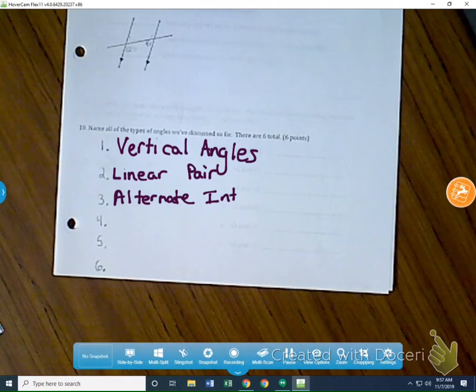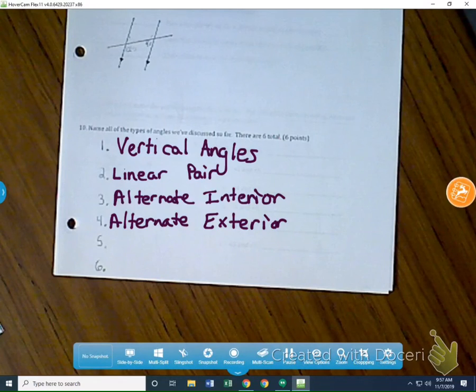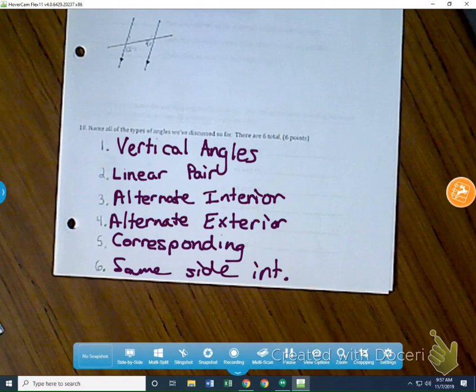Alternate exterior. These are going to be on the test. But remember, you get to use your foldable. So alternate exterior, corresponding, and same side. If you get this question wrong, you get a 0 on the test. And they're also on the test.